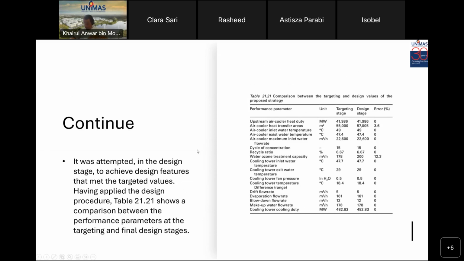It was attempted in the design stage to achieve design features that met the targeted value. Having applied the design procedure, table 21.21 shows a comparison between the performance target at the targeting and final design stage.